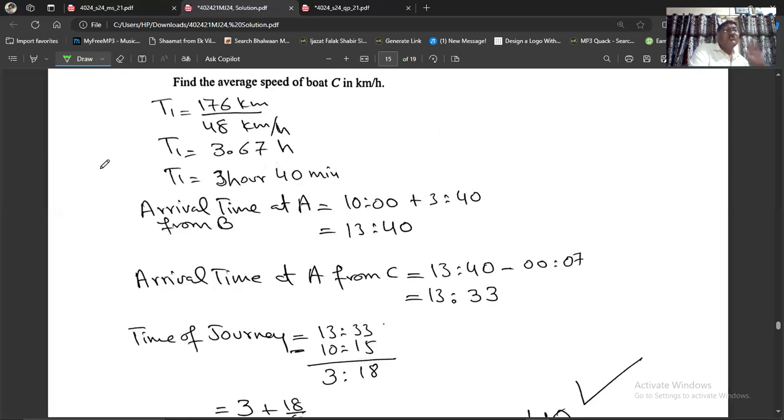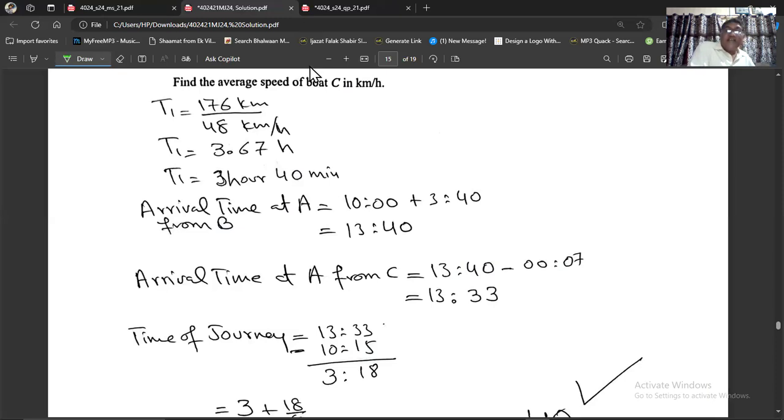So the time of the journey we can calculate. The boat C started its journey at 10:15 and it arrived at A at 13:33. So let me find out the journey time. Journey time is the arrival time minus the departure time. So 13:33, subtract from it 10:15. You get 3 hours and 18 minutes.